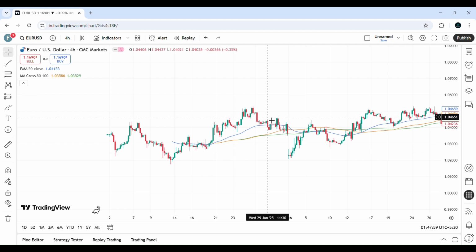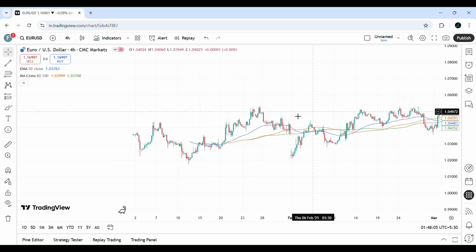Right here you could see the moving average has crossed to the upside. You analyze the trend, you see the moving average has crossed to the upside. So what you do is, once you get a momentum break, you enter on the retracement on the moving average. You could enter right over here. You'll get a few pips.